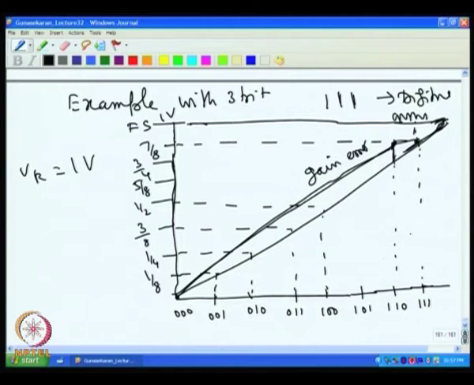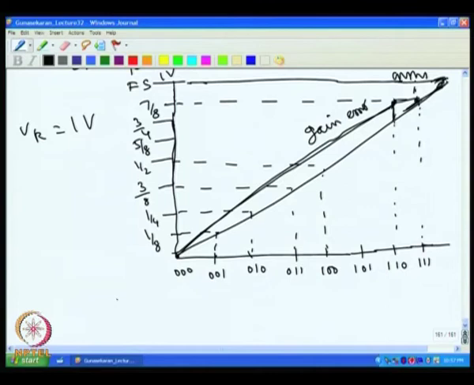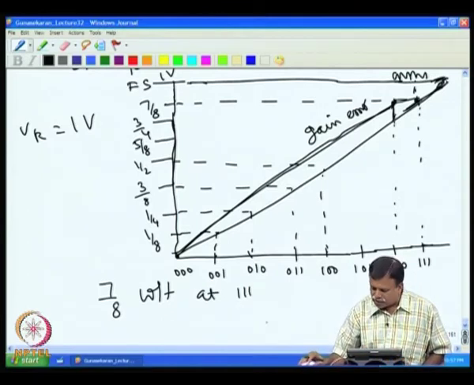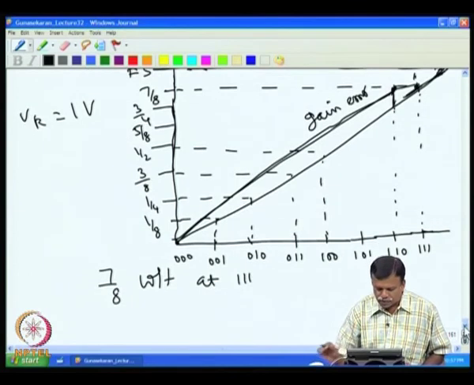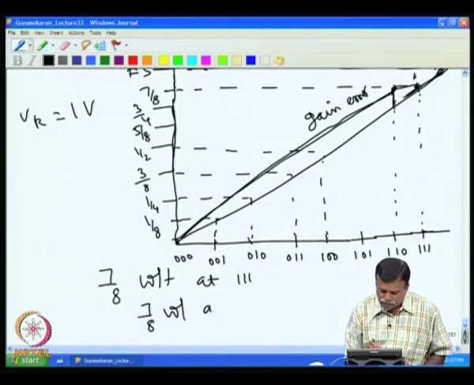So, if you look at this relation, 7 by 8 volt at 1 1 1 is what we are supposed to get, but if it is a 1 LSB gain error, then you will have 7 by 8 volt reached at 1 1 0 itself.